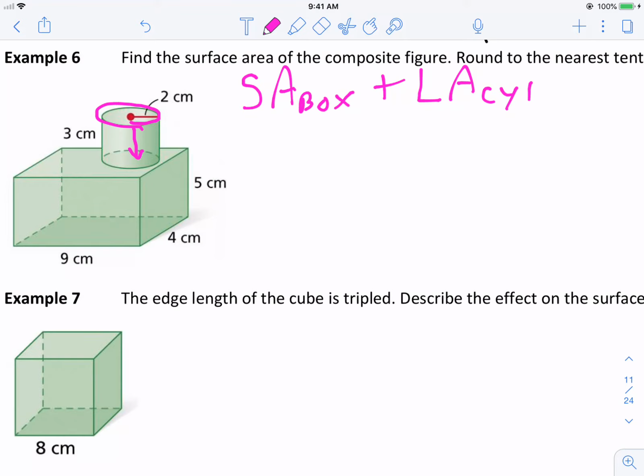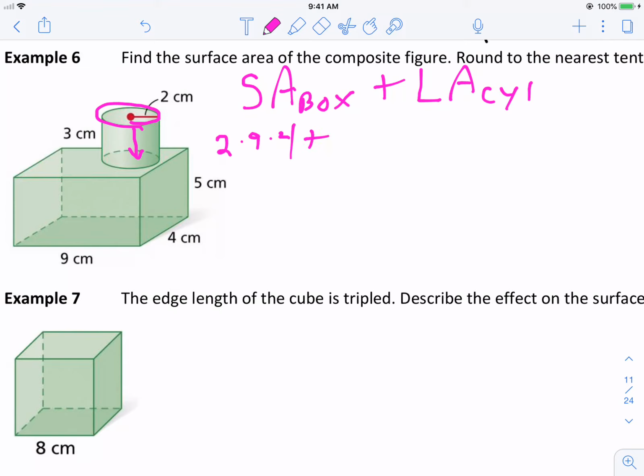So for the surface area of the box, I'm going to use our special equation for a right rectangular prism, which is 2 times all combinations of length, width, and height. So 2 times the length and the width, let's say 2 times 9 times 4. We'll take care of the bottom and the top bases.